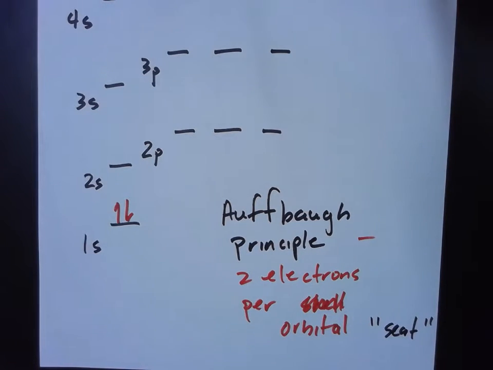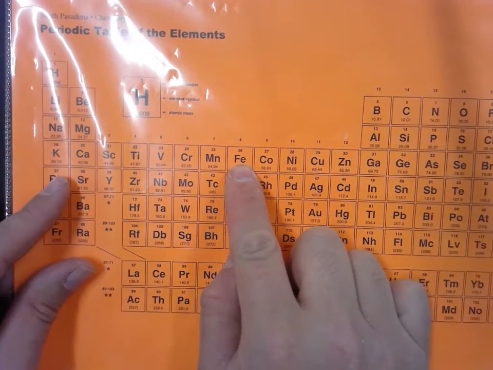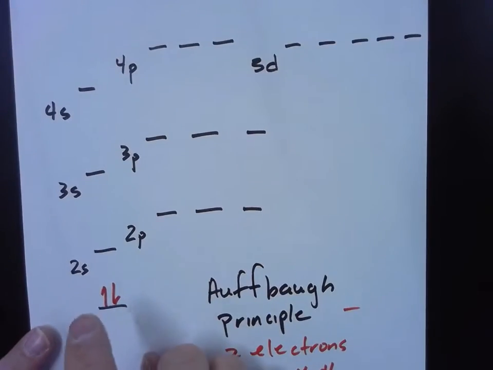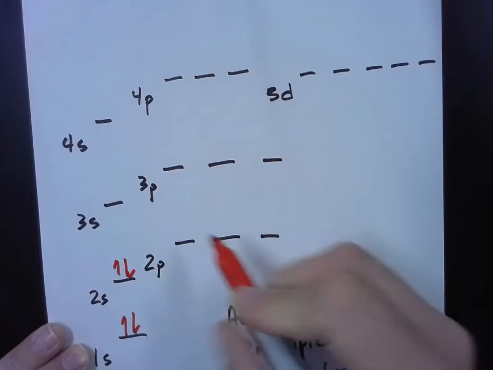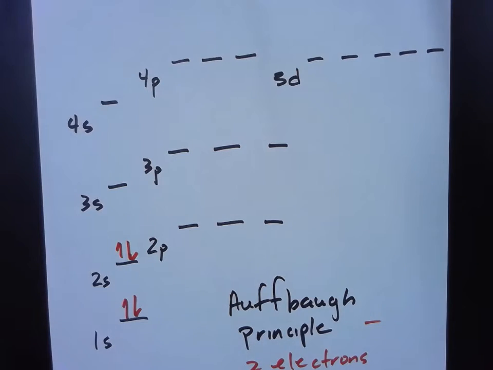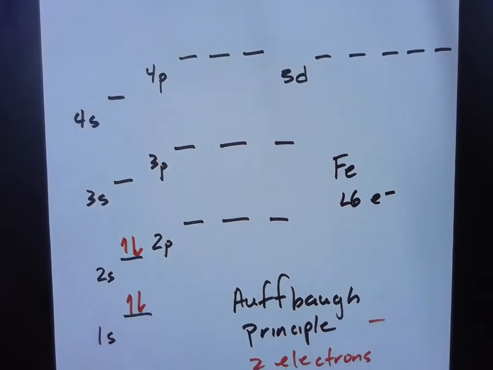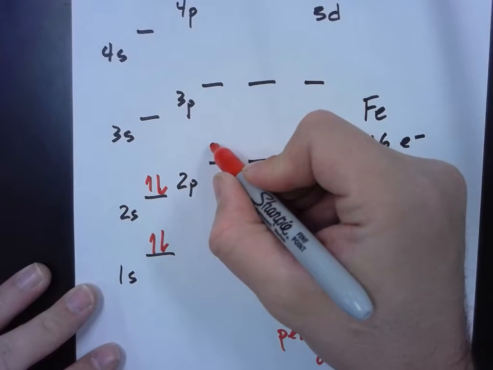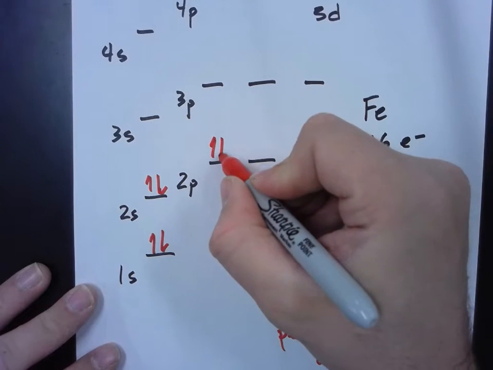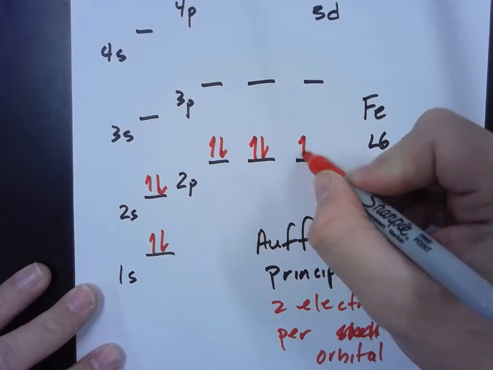So with the Aufbau principle now, we can pick something like iron. So let's do this with iron. Okay, iron's 26. It's got 26 electrons. So here's how you do it. Ready? 1, 2, 3, 4, and let's say what we're doing here. This is iron, Fe, and that's going to be 26 electrons. 1, 2, 3, 4, 5, 6, 7, 8, 9.